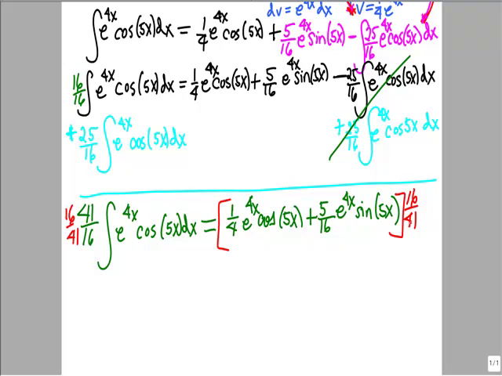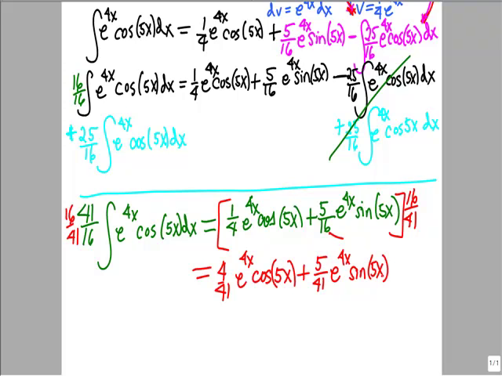So this becomes 1/4 of 16/41 is 4/41 e to the 4x cosine 5x plus 5/16 times that is 5/41 e to the 4x sine 5x.